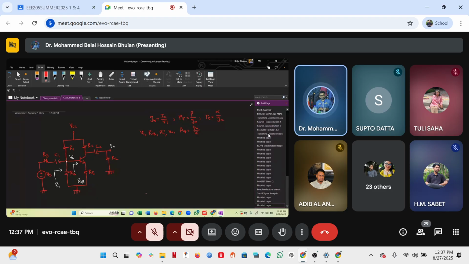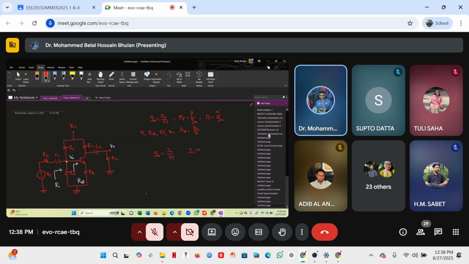Okay, first of all, if we want to analyze the amplifier only for small signal, we need to determine the small signal parameters gm, r pi, and re. And notice what is gm. gm is equal to DC IC over VT. So that means if you want to determine gm, r pi, and re, all you require is to find the value of IC.